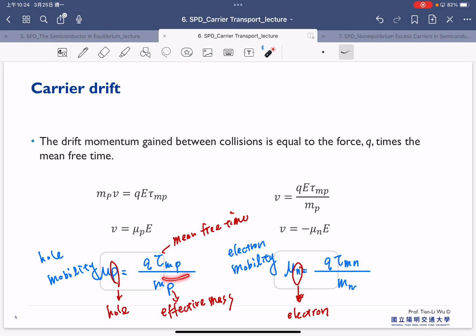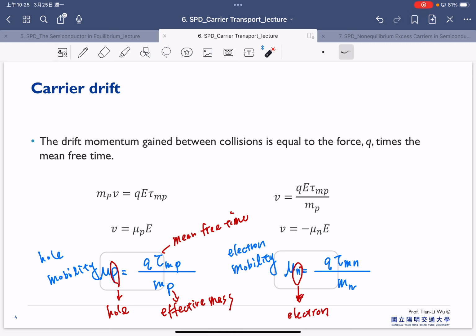And this mean free time is also kind of a constant. So then we can realize that the mobility here is also a constant that highly depends on the semiconductor material.